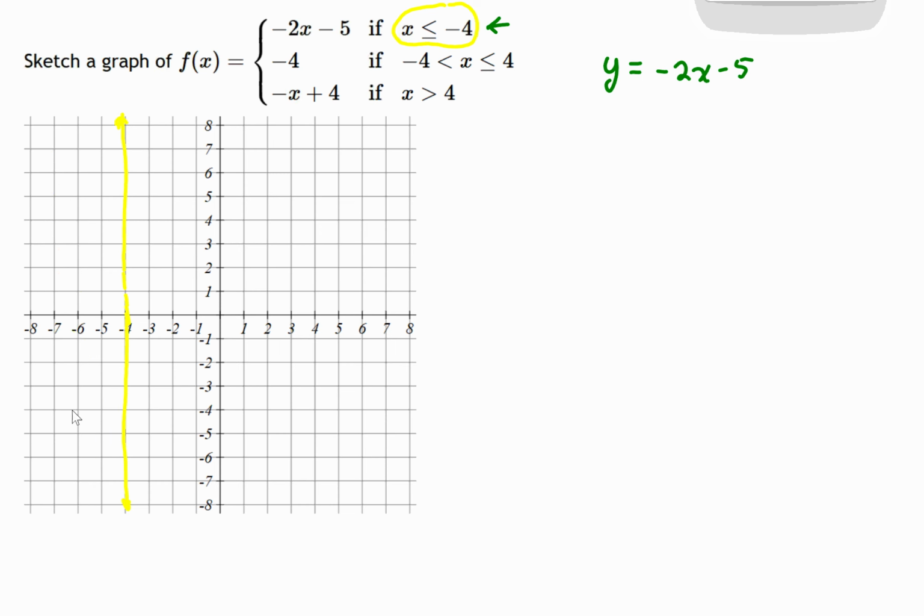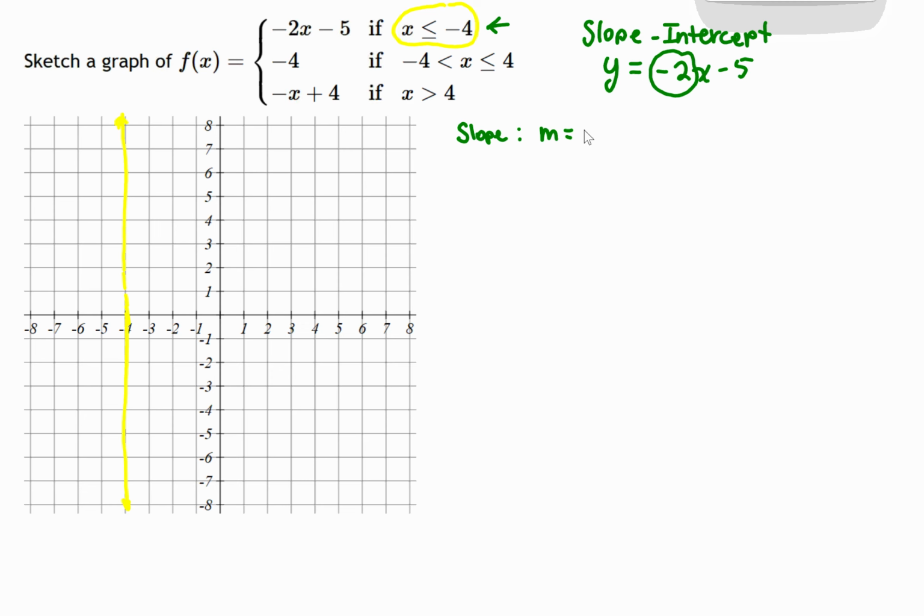So I'm going to start by graphing the line using the slope-intercept form, since it is already in slope-intercept form. So this is the slope-intercept form of a linear equation, y equals mx plus b, and the m is the number that's attached to x, or in front of x, and that is our slope.